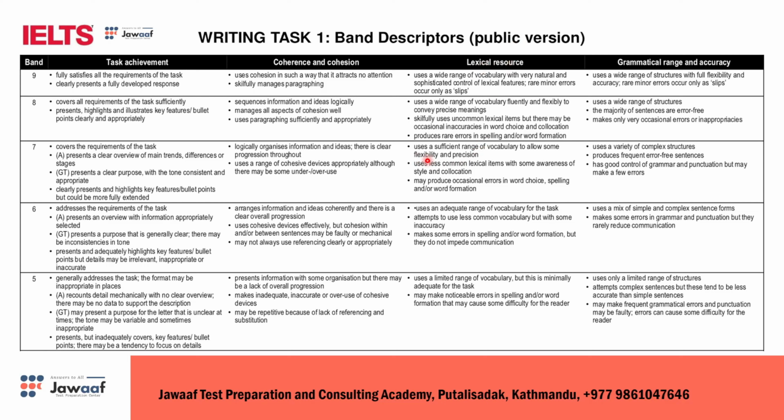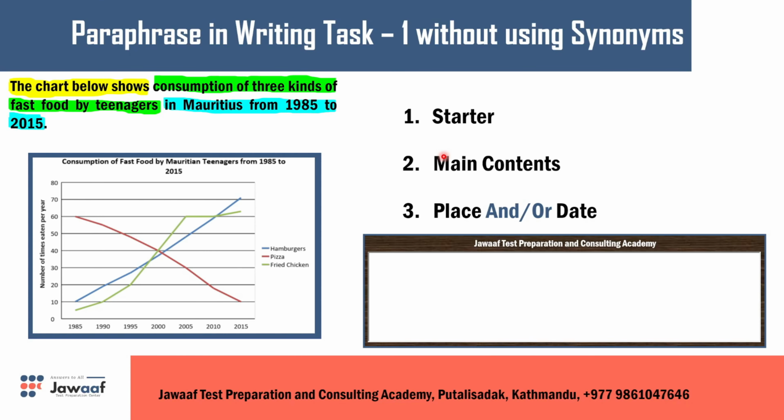The first one is flexibility and the next one is precision. Now this precision means using exact word, right word in the right place. And this flexibility has 2 meanings. The first one is synonyms and the next one is forms. If you do not know synonyms, then you are going to change the form of the word, and that comes under flexibility. Now let's get back.